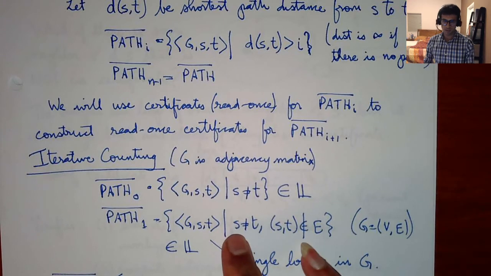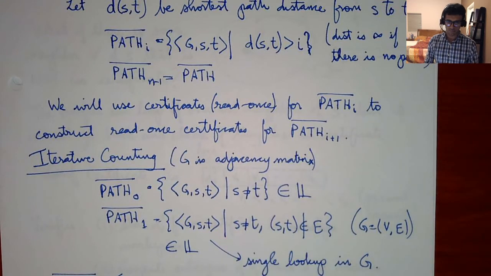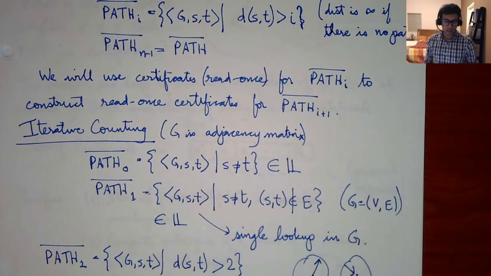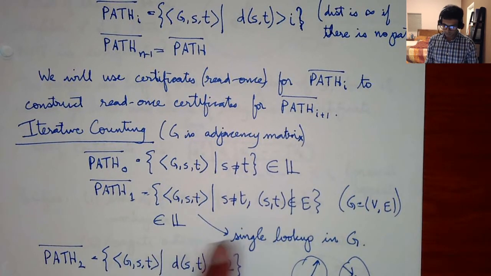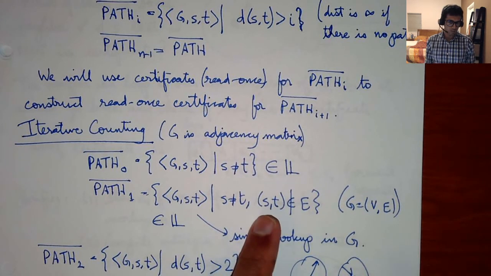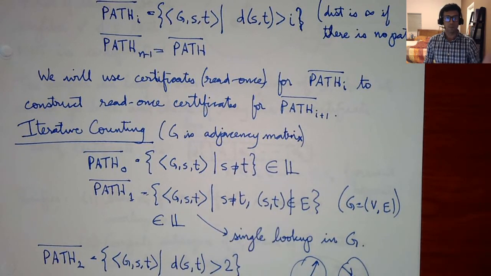The shortest path distance here has to be strictly greater than 1. And this language is also in L. Why is it in log space? Because you can always compare S and T in log space, and then the log space machine just has to do one lookup in the input. Think of it as the log space machine doing lookups in the adjacency matrix: it looks up that one position and sees whether there is an edge there or not.